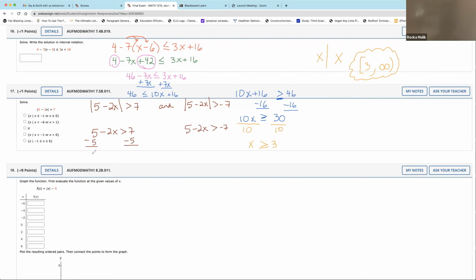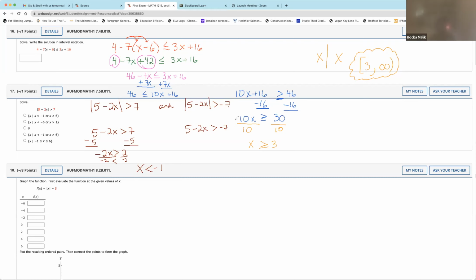Not my ideal situation. Negative 2x is greater than 2. I'm going to divide by a negative, which means I have to flip my sign. I flip the sign first so I don't forget. Divide by negative 2, divide by negative 2, and x is less than negative 1.